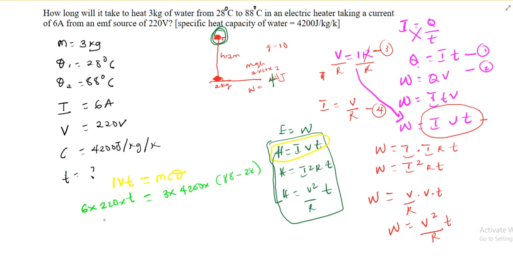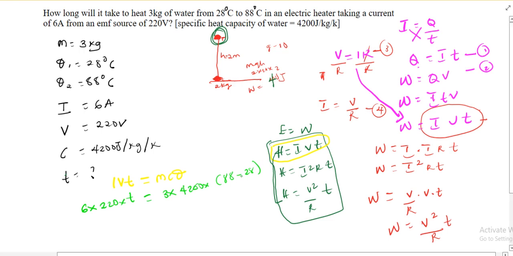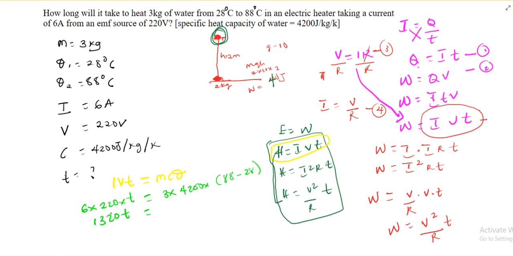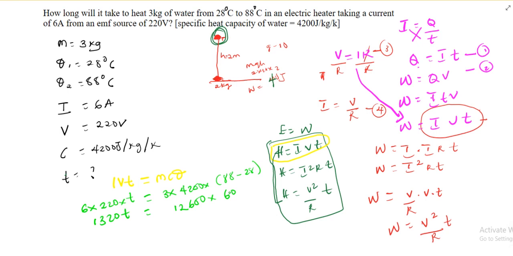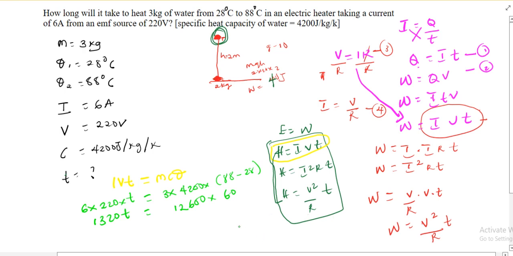So 220 multiplied by 6 equals 1320 t, equals 4200 multiplied by 3, that is 12,600, multiplied by 60. So 60 multiplied by 12,600, we have 756,000.